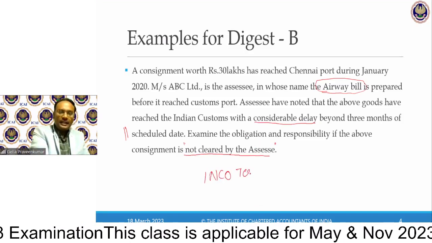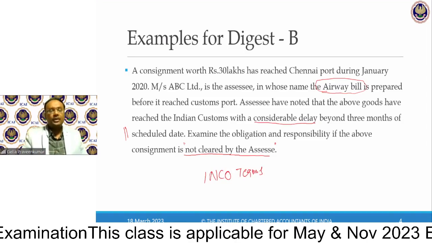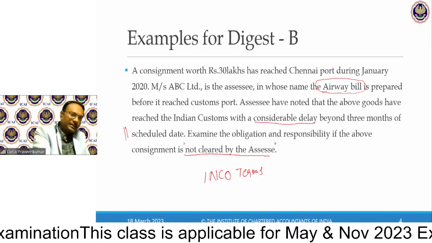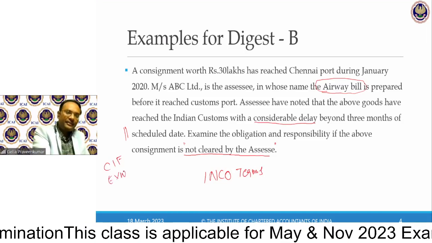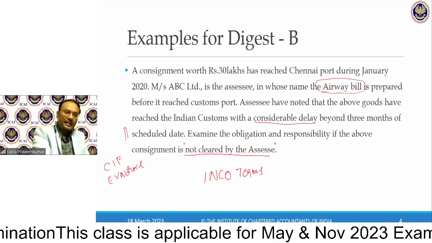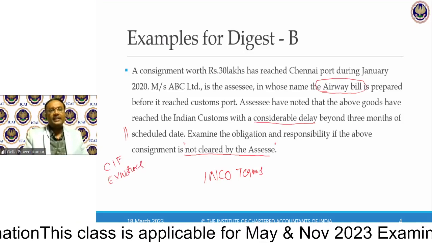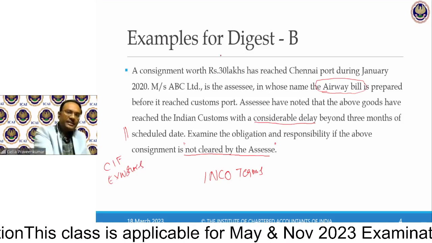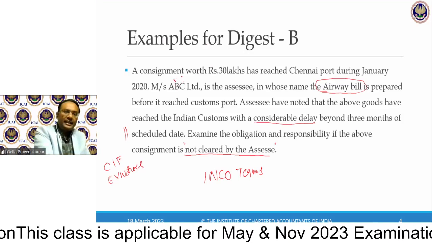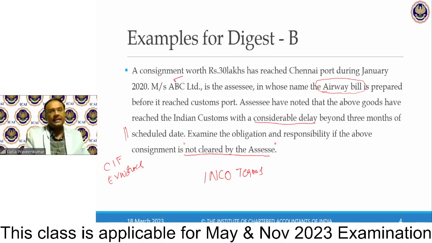So in case of foreign trade, import and export, like we have the domestic CIF or ex-works, we have various terms under customs law also. So here, for a moment, this consignment has reached during January, and this assessee, Mrs. ABC Limited, is not willing to get the consignment cleared.